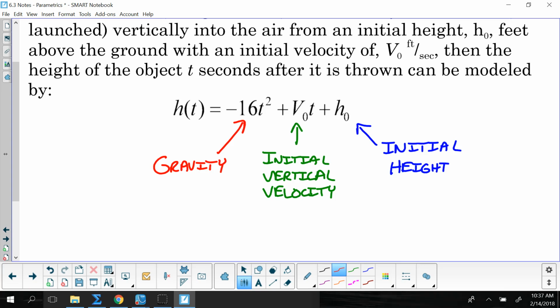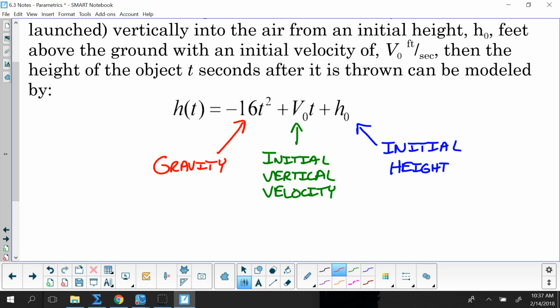So it's the acceleration that's happening. Your rate of change is changing. And again, you'll explore more of that in calc.